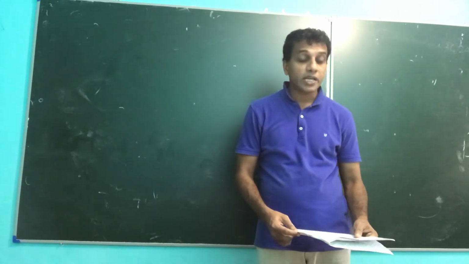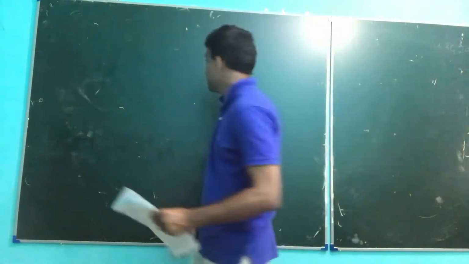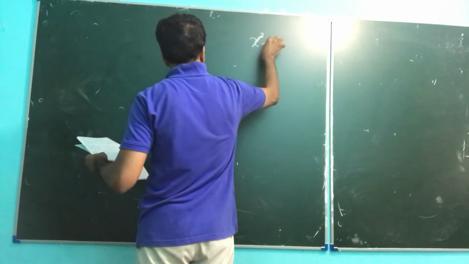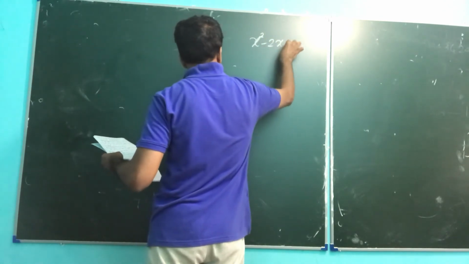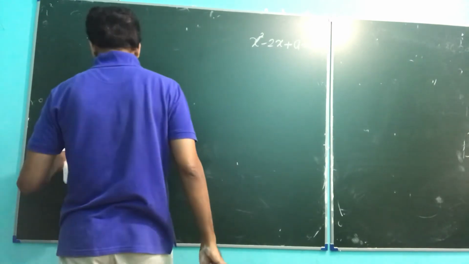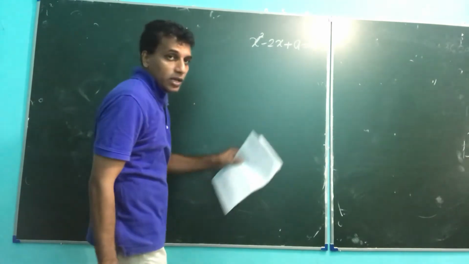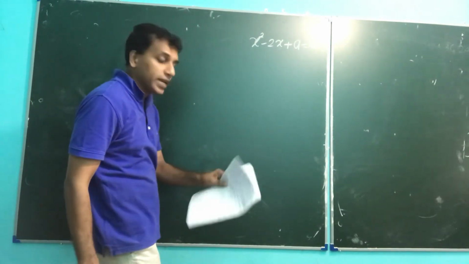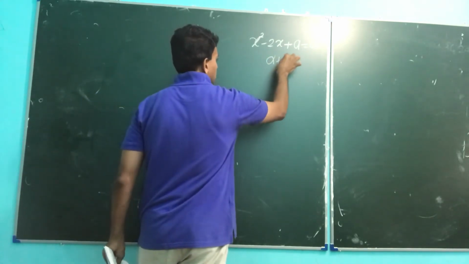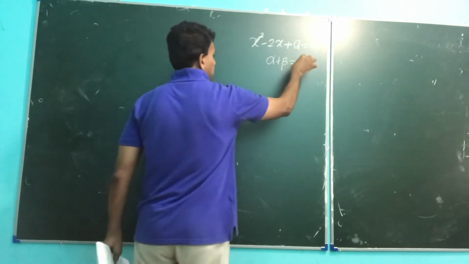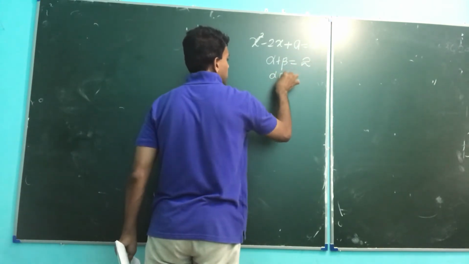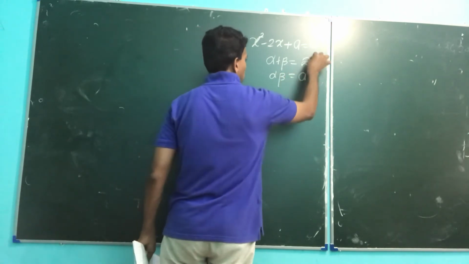Question 17: the equation x square minus 2x plus a equal to 0 has roots alpha and beta, right? Then what is alpha plus beta? Minus b over a. Alpha beta is c over a.